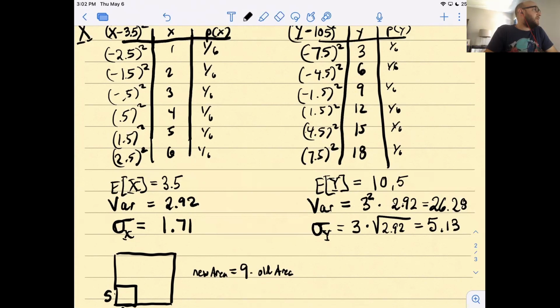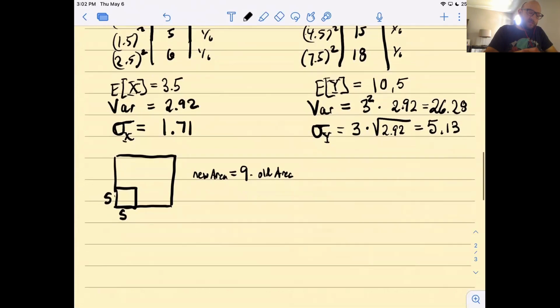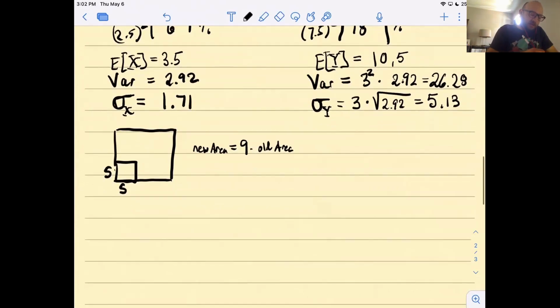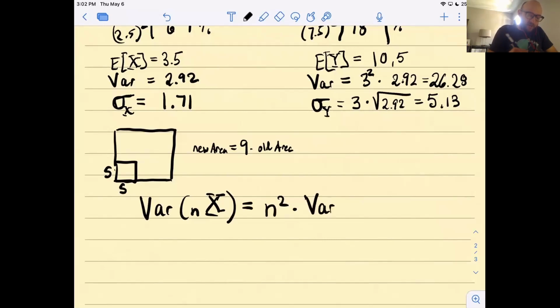Let's see, I wrote it down previously very nicely. Okay, so I'm going to just summarize this result. Variance of n times x is equal to n squared times the variance of x. That's what we just observed.